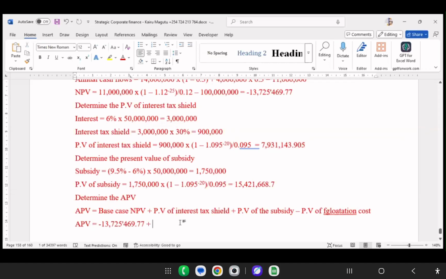Then you add the present value of the subsidy. Then you minus 0.